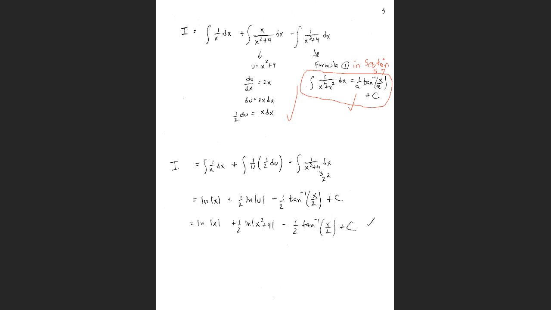I'll make sure you have access to that formula. The formula is derived using a procedure called trigonometric substitution, but we're not going to worry about that today. You'll have that formula on the exam.